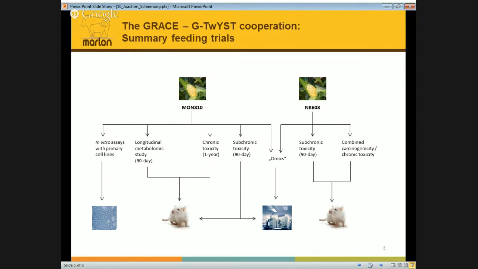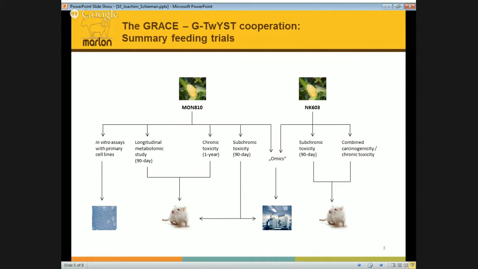Then the chronic toxicity 1-year study has been finalized, so we are just putting all the data together and doing the statistical analysis. Then, in addition, another 90-day trial has been performed, but aiming to detect some biomarkers for toxicologic effects.